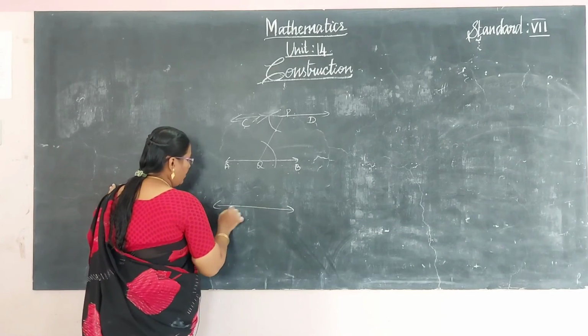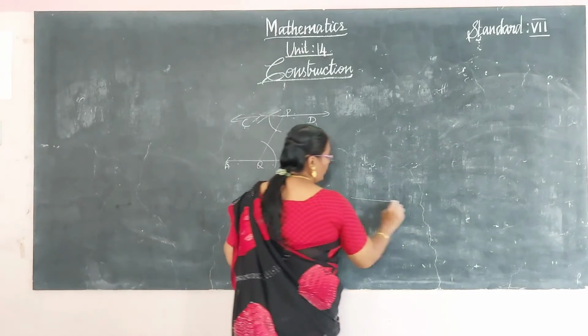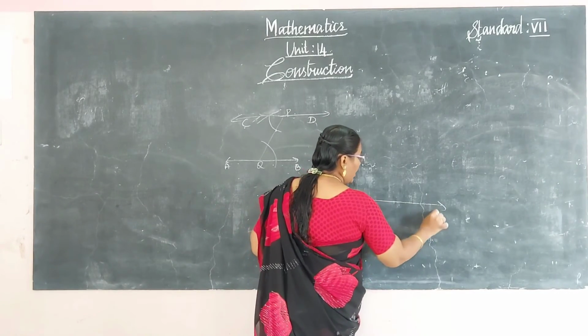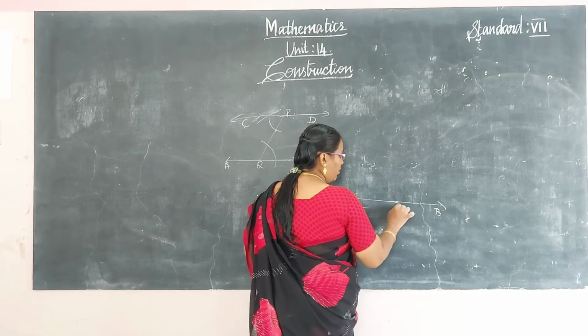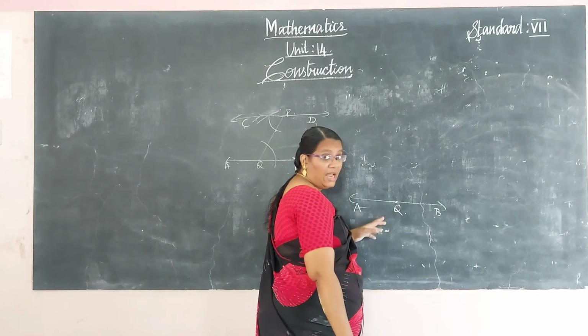Draw the line AB, and take any point Q on the line AB.